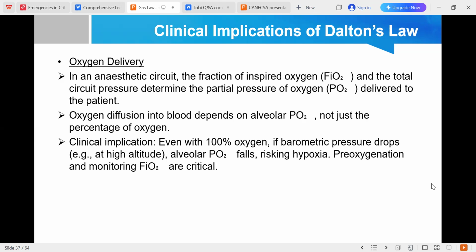For instance, you may have an FiO2 of 100, but if the barometric pressure drops, for instance at high altitude, your alveolar partial pressure of oxygen will also drop, and this will lead to hypoxia. So it's important that you pre-oxygenate your patient and monitor your FiO2. You may need to increase your FiO2 to ensure that your alveolar partial pressure is maintained.